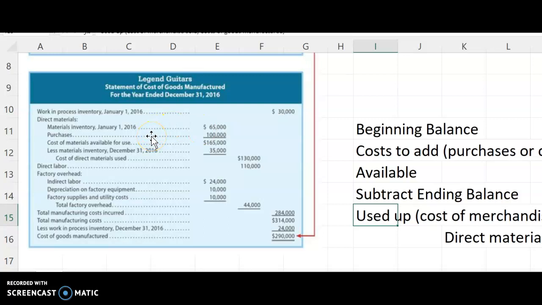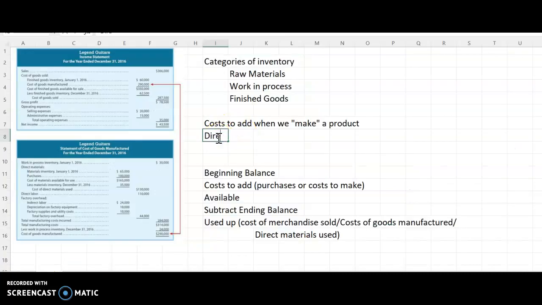In our situation, the costs that we're going to add are going to be made up of three items: direct materials, direct labor, and factory overhead. So these are the costs that we're going to be adding. So direct materials, direct labor, and factory overhead.